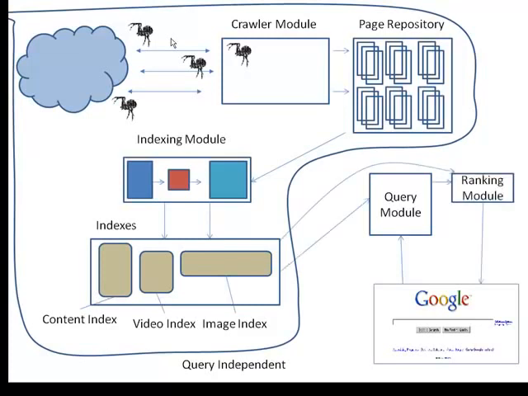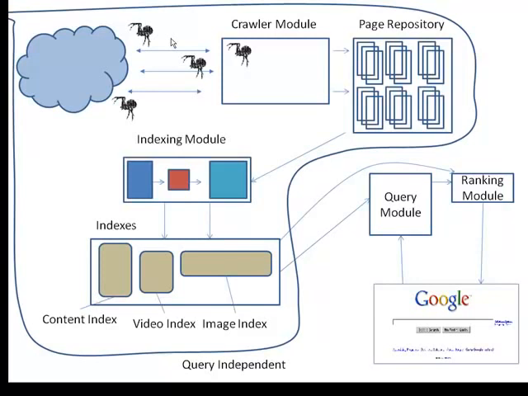And the query module will extract thousands and thousands of results back from the different indexes, and it will pass all of these results to a ranking module. And the ranking module has the job of filtering and putting in rank the results that are ultimately sent back to the user.